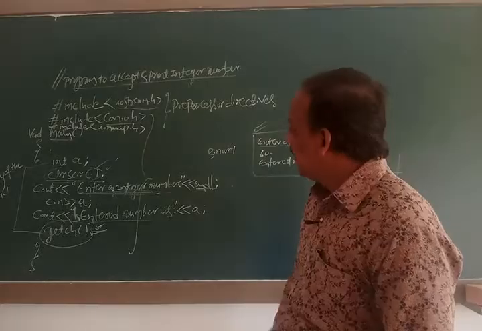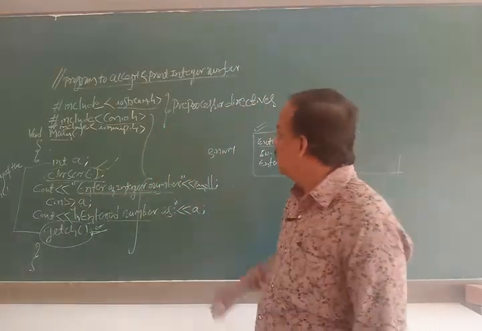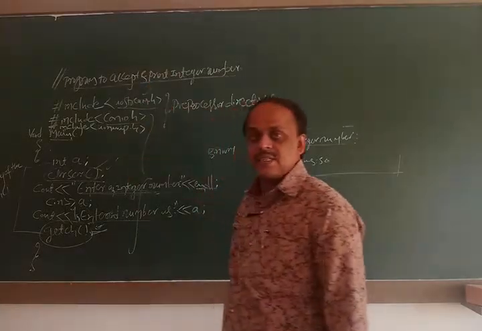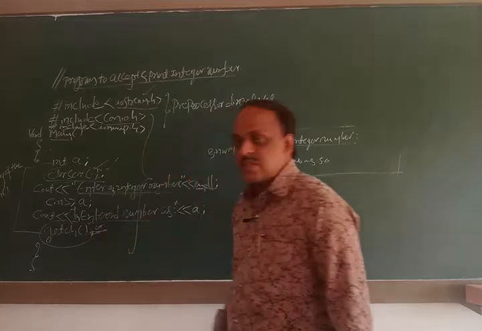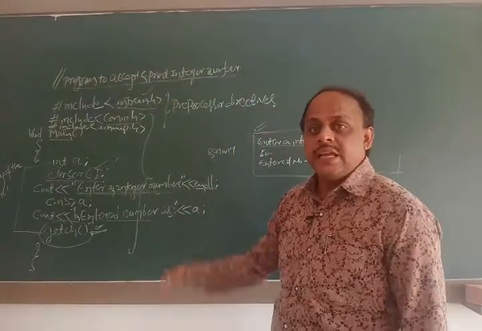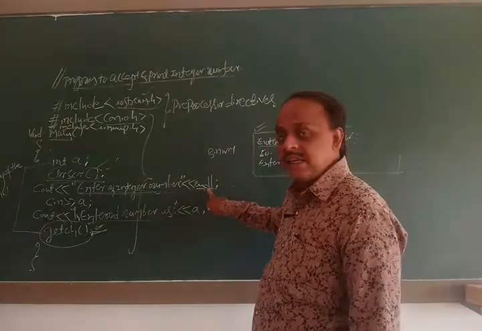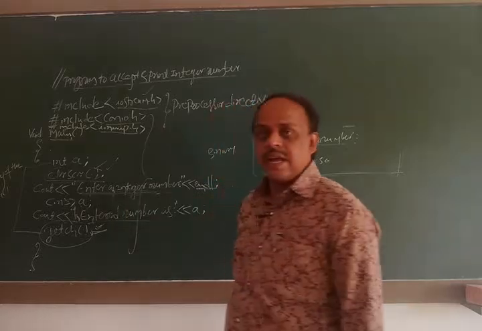For example, in our program if cin and cout statements are there, we have to use iostream.h. In our program if clear screen and getch functions are there, we have to use the conio.h header file. In our program if endl is there, we have to use the iomanip.h header file.